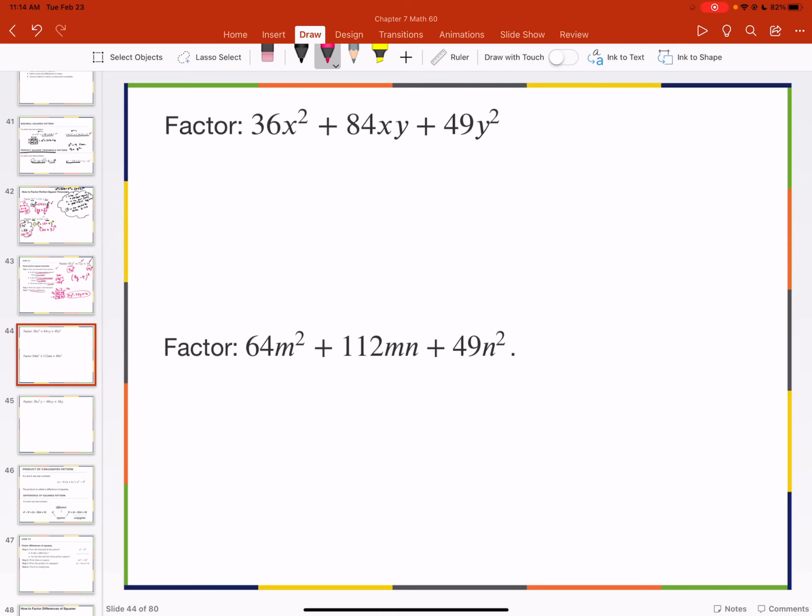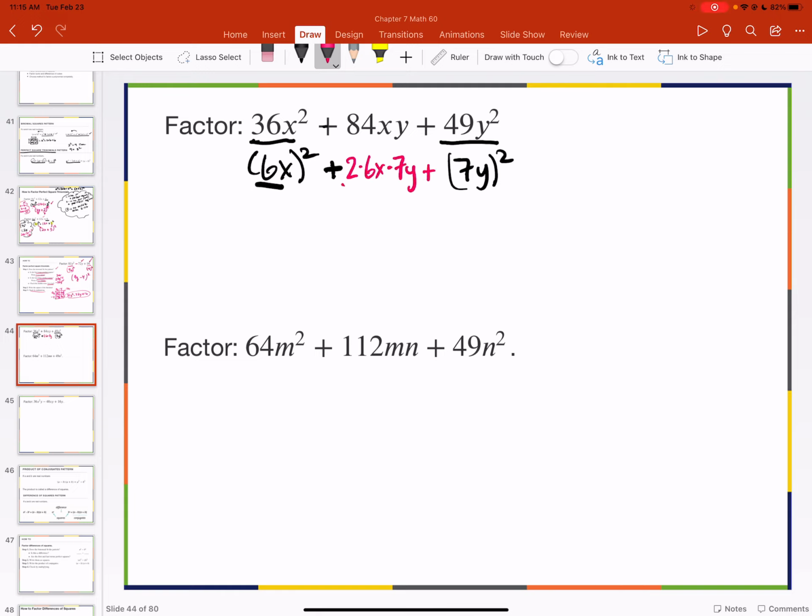Okay, so let's do a couple more. All right, let's see. This one has a y term. So the first one is 6x squared. The last one is going to be 7y squared, okay? And it's a positive, right? So the question is, what is 2 times 6x times 7y?